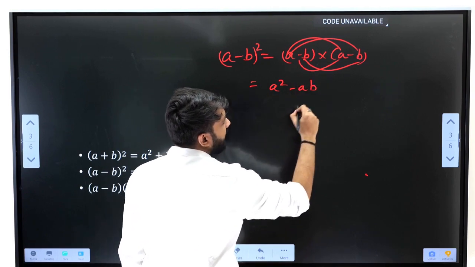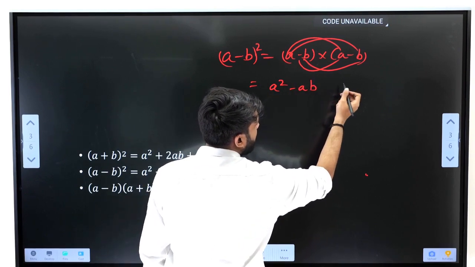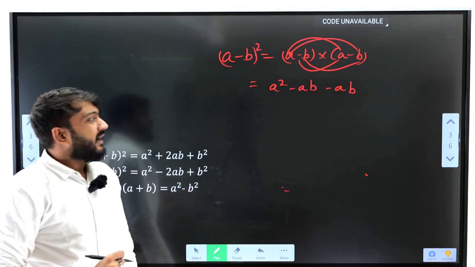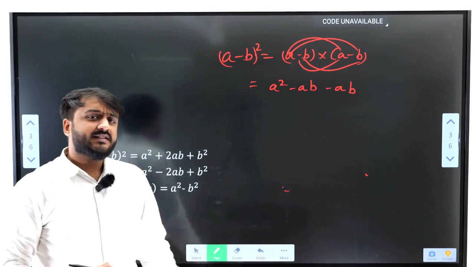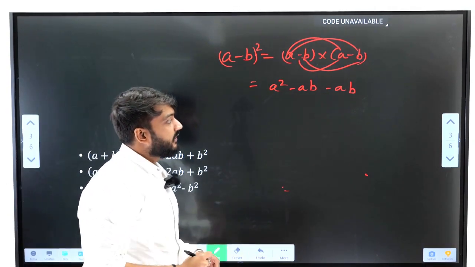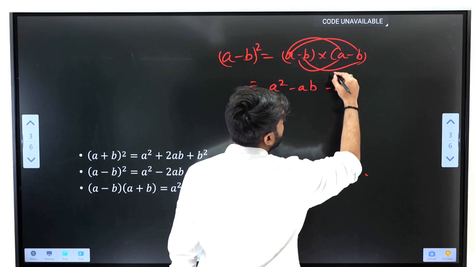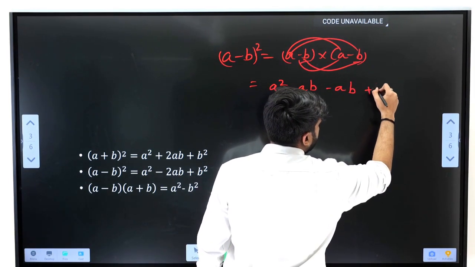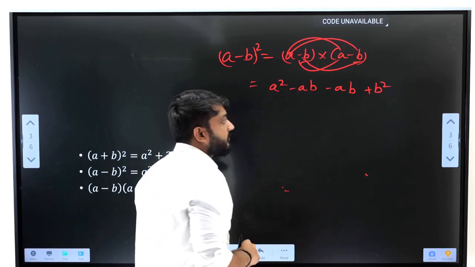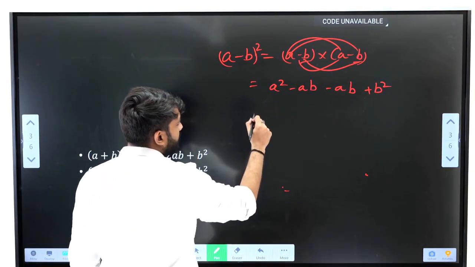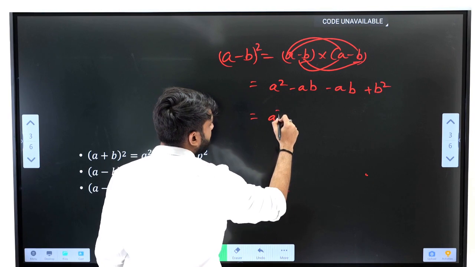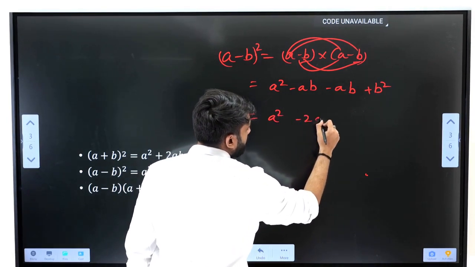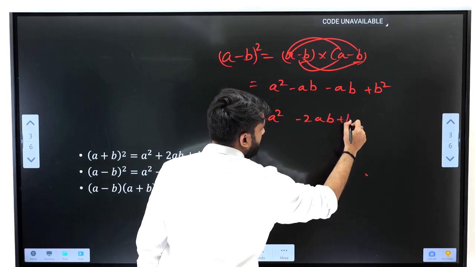Negative b into a will give you a negative ba, which can be rewritten as negative ab, again because b into a or a into b is the same result. And then negative b into negative b, two negative numbers getting multiplied, will give you a positive outcome. As we know, we can add or subtract the like terms, so therefore this becomes a square minus 2ab plus b square.